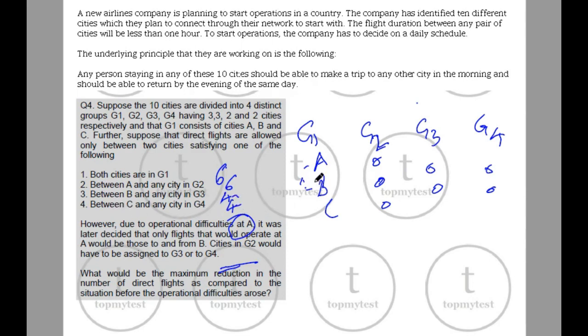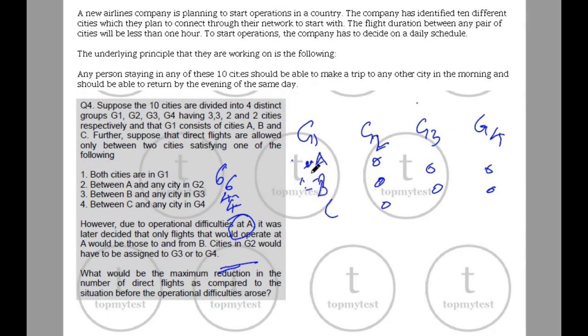Instead of 6 flights, from A the only destination is B. Let's look at one side flights.